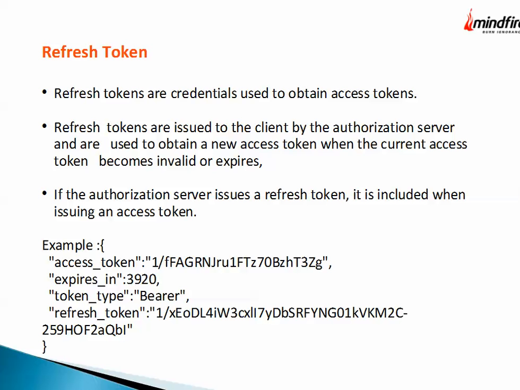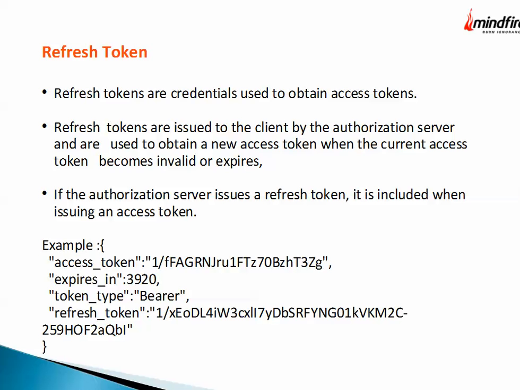Once it is expired, the refresh token is used to get a new access token from the authorization server. So you can think about offline services: if the authorization is sometimes not validated, the refresh token can be used to generate a new access token from the authorization server. And this is the other parameter, expiry, and the token type is bearer. Every time we are using the bearer.